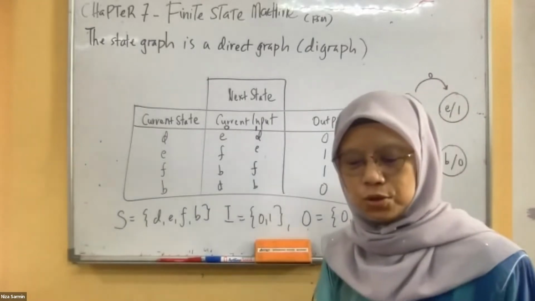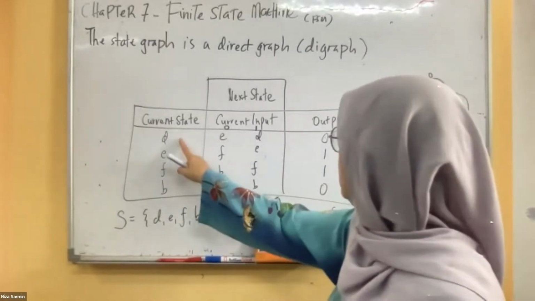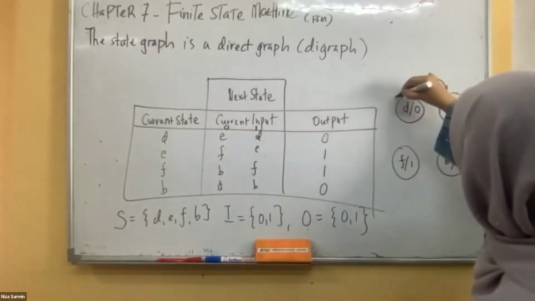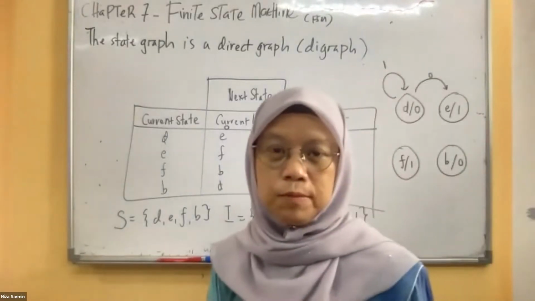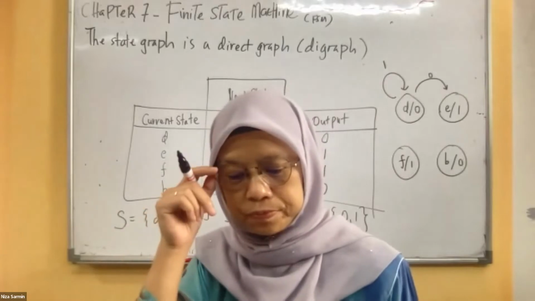All right, so next one. D under 1 goes to D, so it's a loop, yeah? It's a loop because it goes to itself.